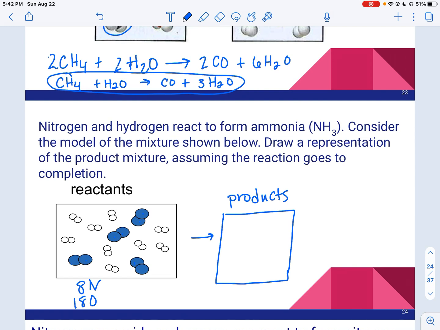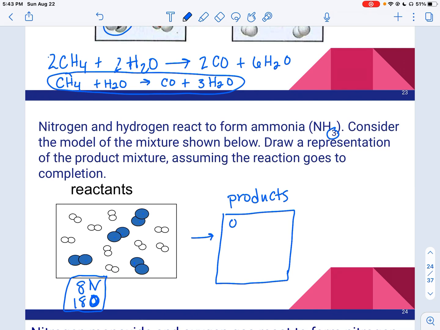You do not have to. I can tell by looking at this math that my hydrogens are going to run out first. It looks like 180. It's 18 hydrogens. My hydrogens are going to run out first because I need 3 of them for each ammonia, right?